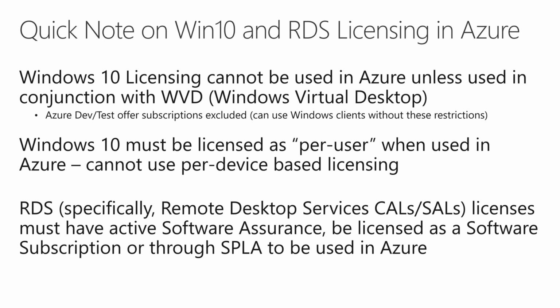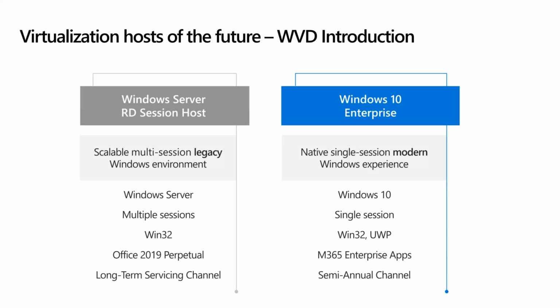I want to talk through WVD because that actually is inclusive of some of these things here. So really quickly, this is kind of the traditional way where you would have a virtual desktop. On the left side, this is a server OS. This is what was known as terminal services forever. It's now Remote Desktop Services. This allows you to have multi-session, multiple users logging in to the same server.